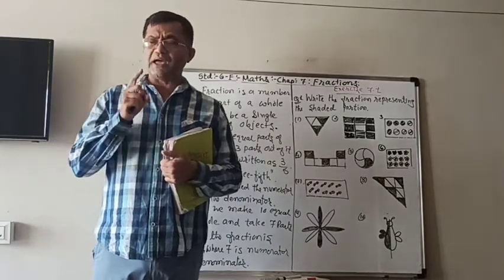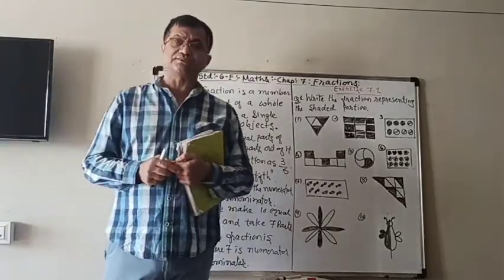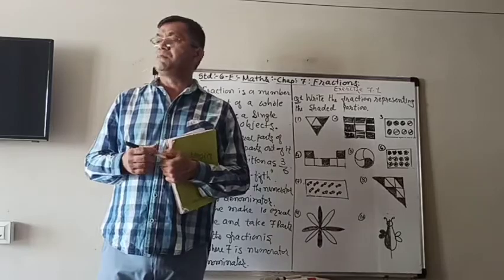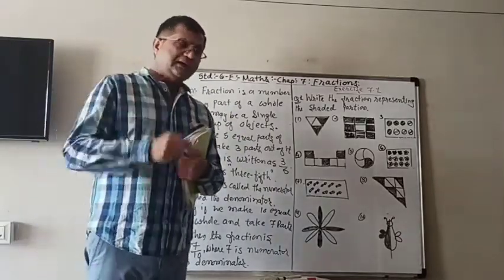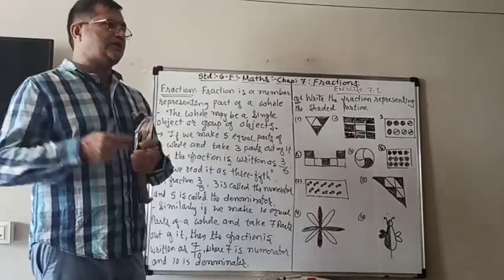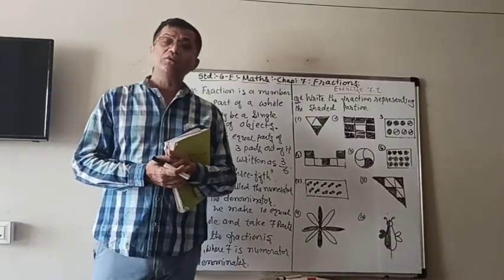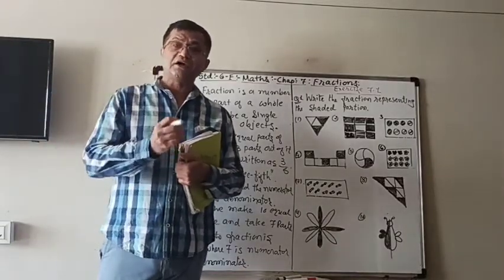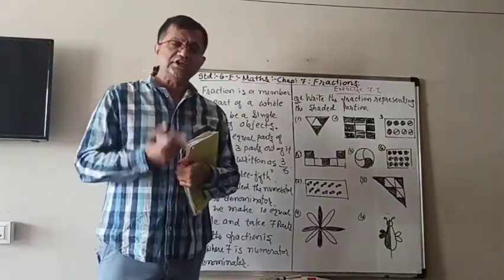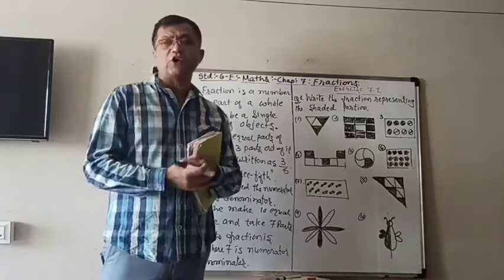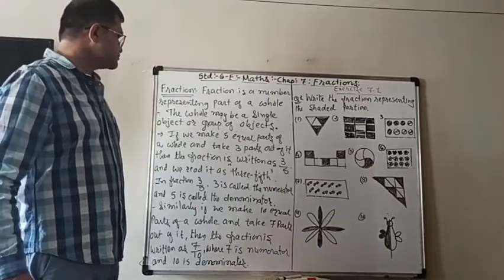But as I told you, whenever we talk about the fraction, the whole must be divided into equal parts. Now let us recall how we write the fractions and how we read a given fraction, and which is the numerator and which is the denominator.